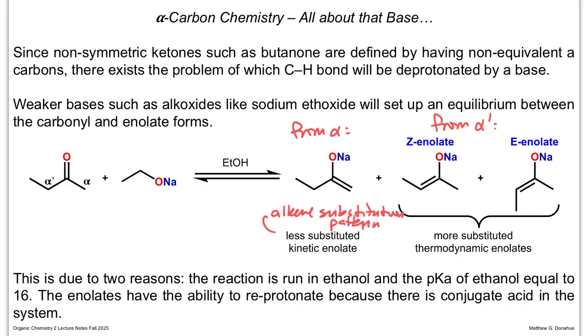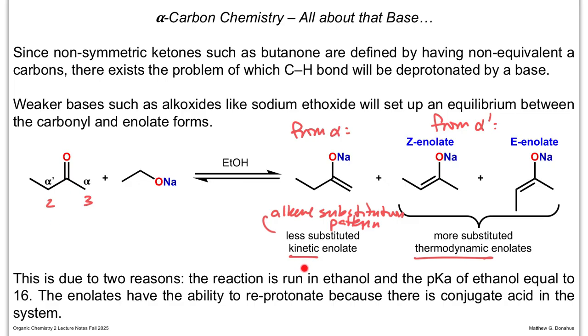So alkene substitution pattern. Then I have these other terms down here, kinetic and thermodynamic. Remember when we said that ratio of 3 to 2? A kinetic enolate, kinetic is rate. In terms of the statistics, 3 to 2, the base sees the 3 more often than the 2.